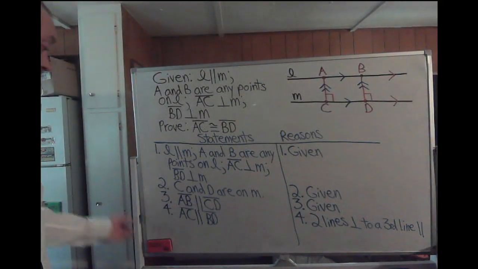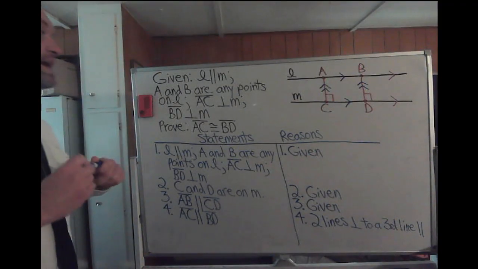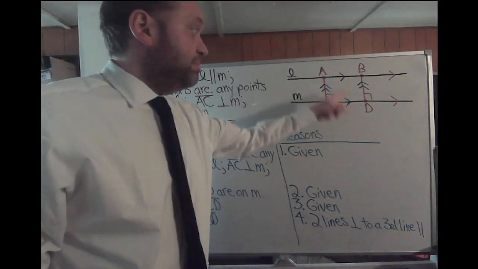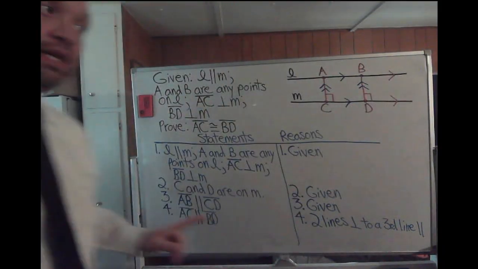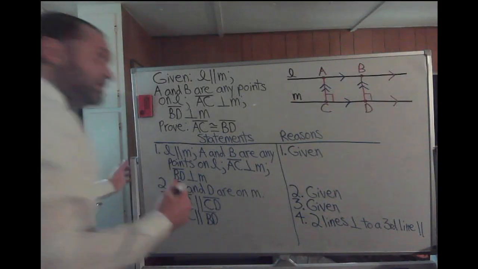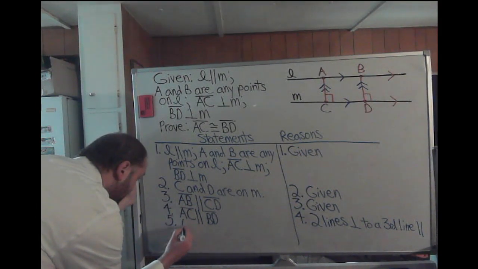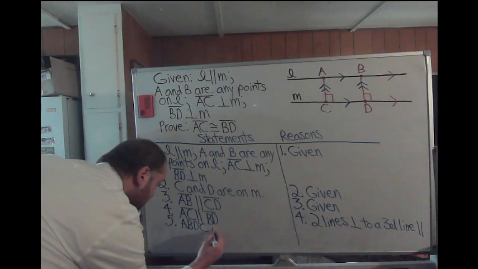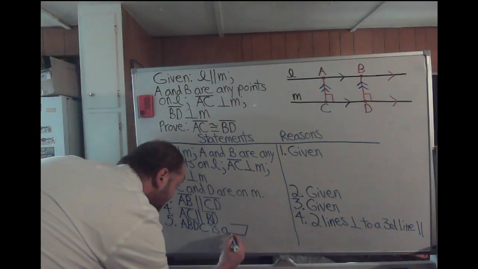So what do we have here now? This is going to be interesting. We have that both pairs of opposite sides, AB and CD, are parallel, as well as AC is parallel to BD. By definition, that would have to mean that ABDC is a parallelogram.